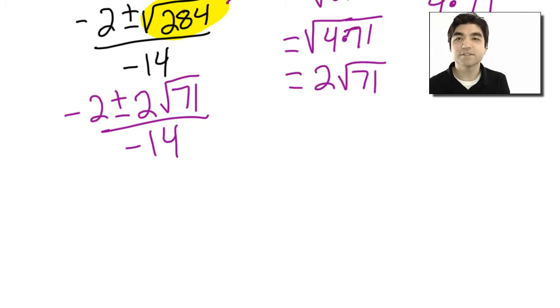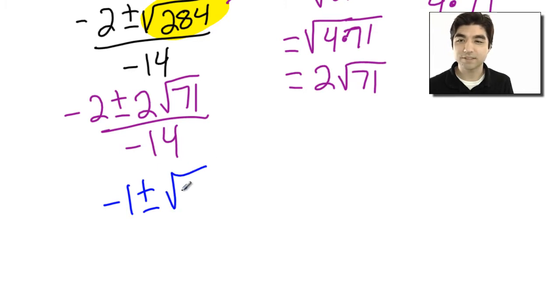Alright, so then the next tricky part is that you've got a negative 2 and a 2 here and a 14 here. They're all divisible by 2. So negative 2 divided by 2 equals negative 1, and 2 divided by 2 equals 1, and negative 14 divided by 2 equals negative 7.